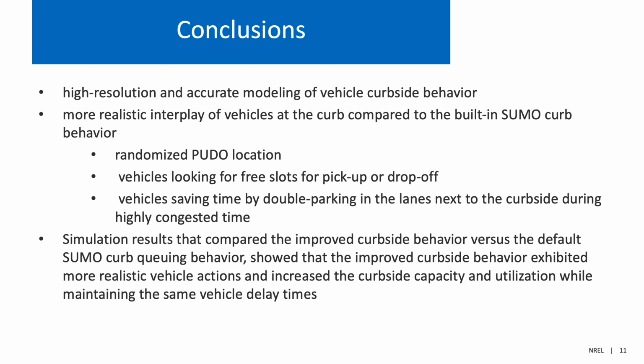It's a lot more realistic compared to the default. We use randomized pickup drop-off locations for selection, and there's some awareness of the vehicles to see the free slots downstream for the pickup drop-off areas as opposed to the default, and vehicles saving time by double parking.